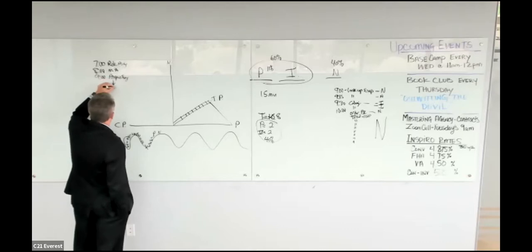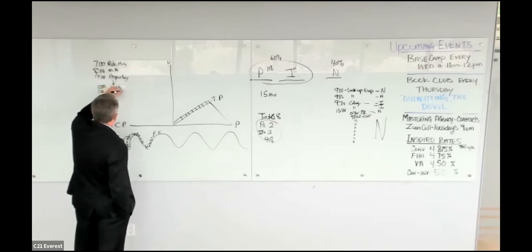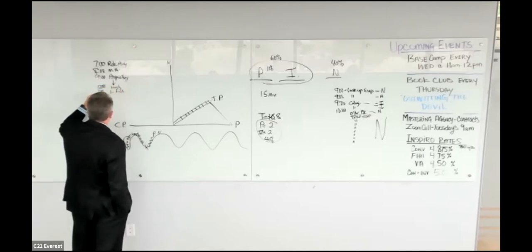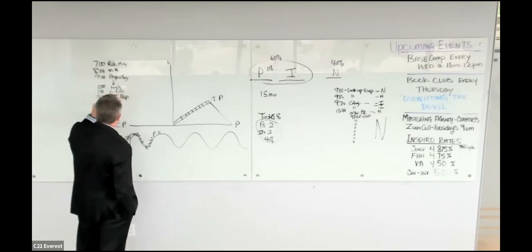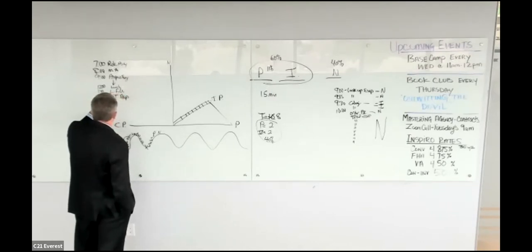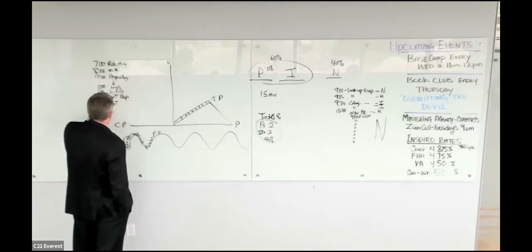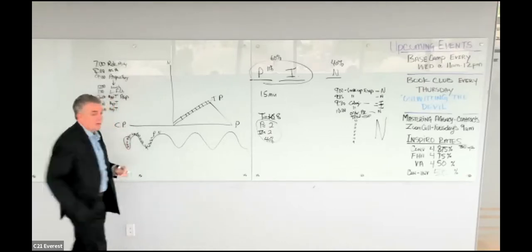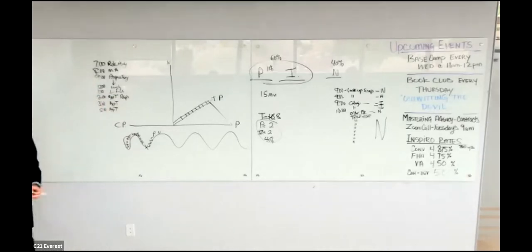Noon is lunch. 1 o'clock is lead follow-up. 2 o'clock is appointment prep time. 3 o'clock is an appointment slot, and 5 o'clock. This is Brian Burnett's schedule, our top producing agent. Essentially, that's what he does.